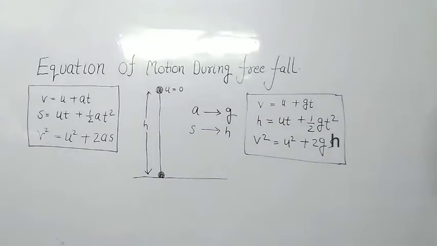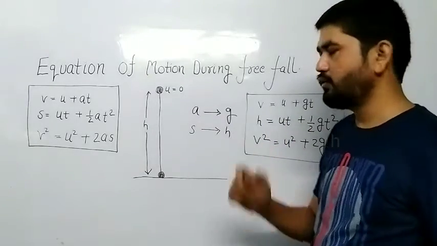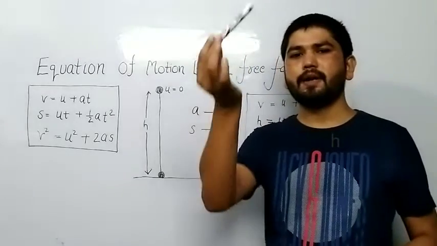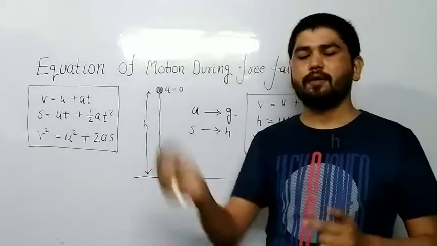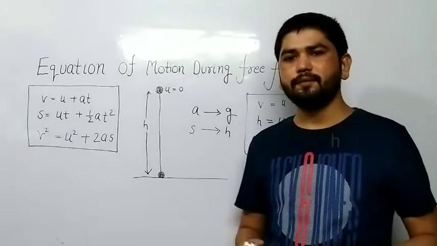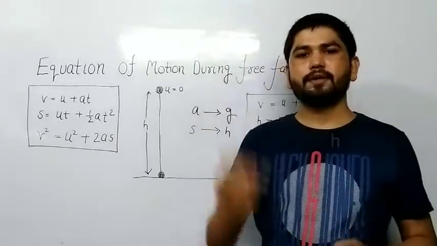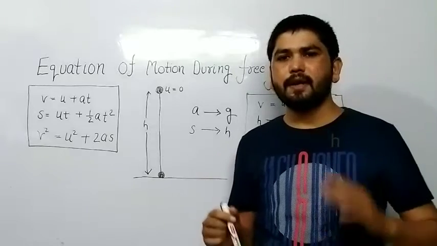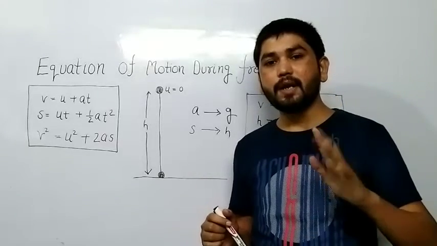Now one more condition is there. Here two things are there. Suppose I am throwing an object upward, and an object is falling downward. In the previous video we taught that when we throw any object upward, the acceleration is negative.